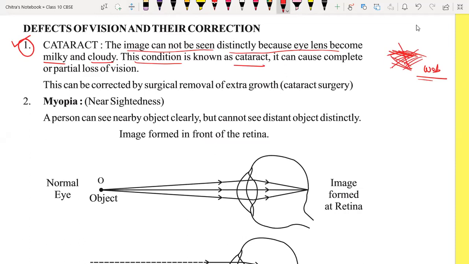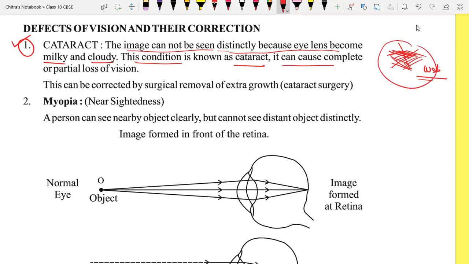When the eyeball or eye lens becomes milky or cloudy, that means the cornea region is covered by a web-like structure, which repels most of the light entering the eye. That's why the picture forming on the retina is blurred, so we have to remove that web-like structure by a small surgery.